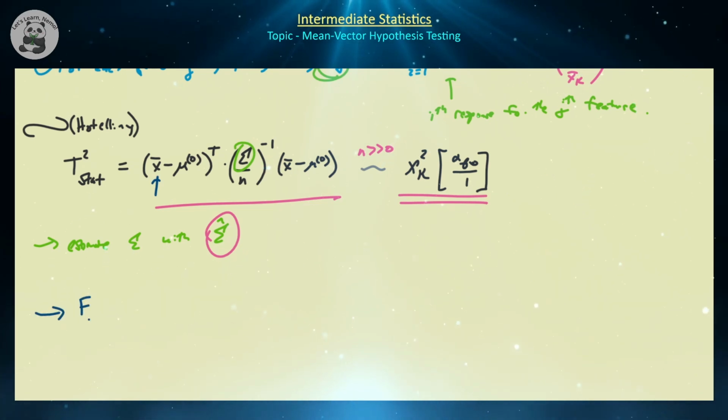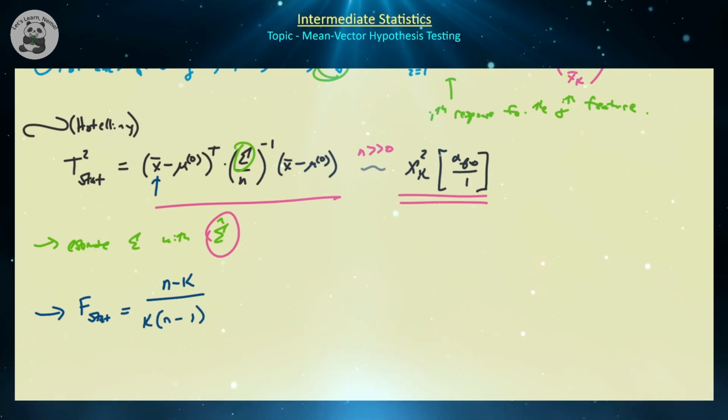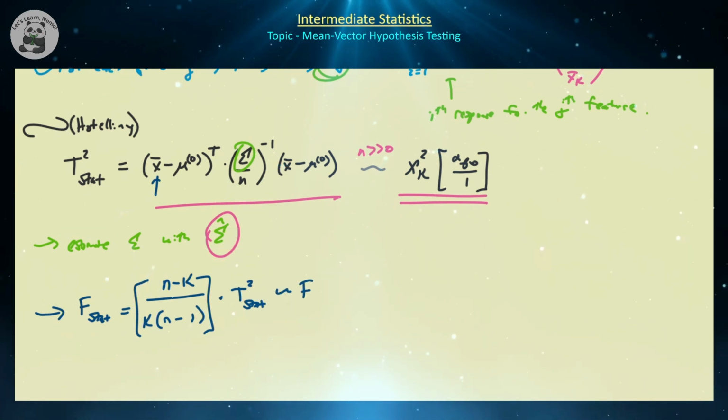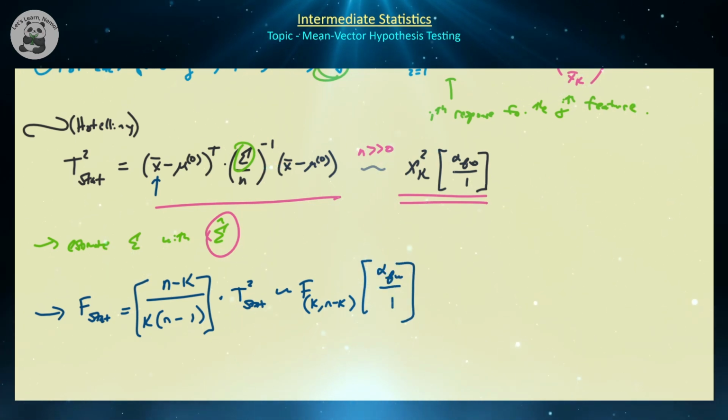The structure for that test statistic is the following. It is equal to, as before, (n minus k) over k times (n minus 1), multiplied by that associated T squared test statistic. And this is associated to an F distribution with k and n minus k degrees of freedom, with the same alpha family-wide divided by 1 in the right-hand tail.